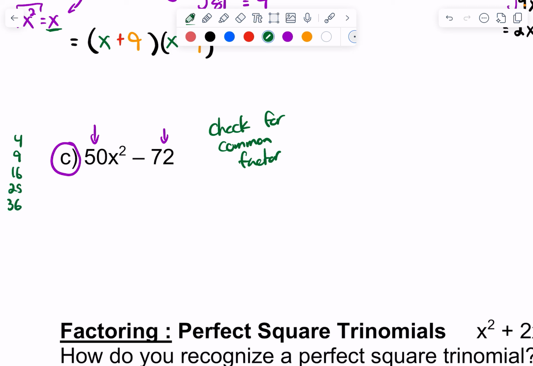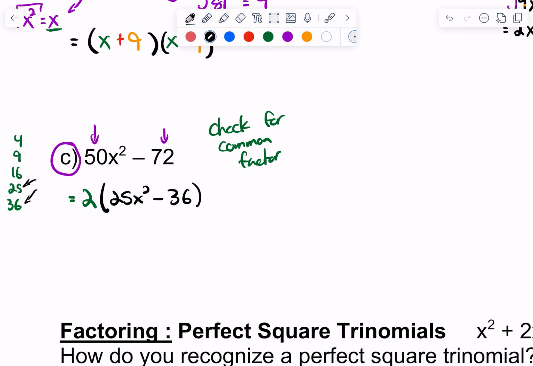Going up the list and just saying, okay, what are my squares? How can I turn this into a difference of squares? Well, if I factor out a common factor of 2, so pull out a 2 from there, you would get 25x squared, 25 is a square, minus 36. 36 is a square.